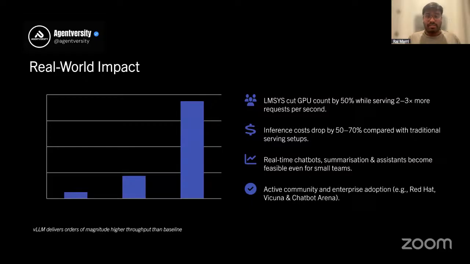It's serving more requests, and it's also cutting down the number of GPUs with vLLM. The inference cost is significantly lower. You could also build real-time chatbots and summarization assistants with vLLM. It also has an active community, and a lot of enterprises have already adopted vLLM, and you'll see that across different communities and enterprise environments as well.